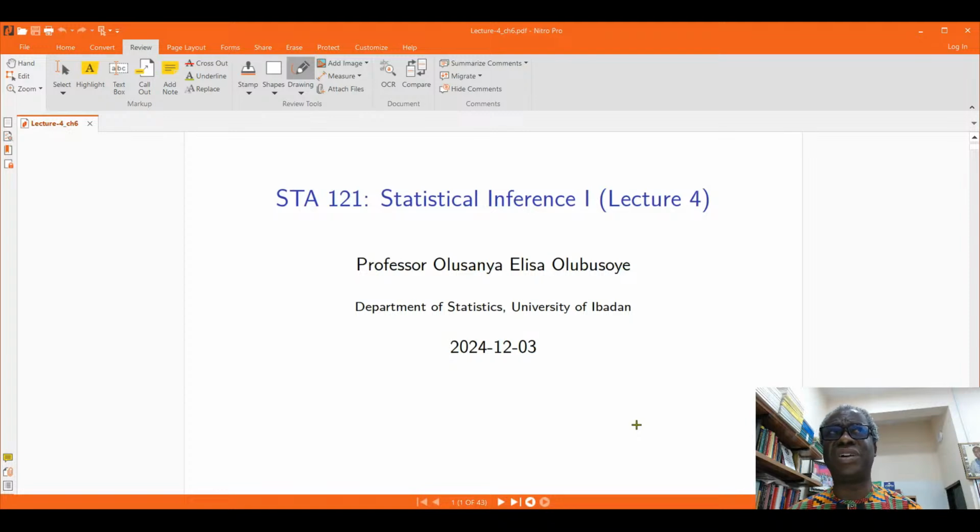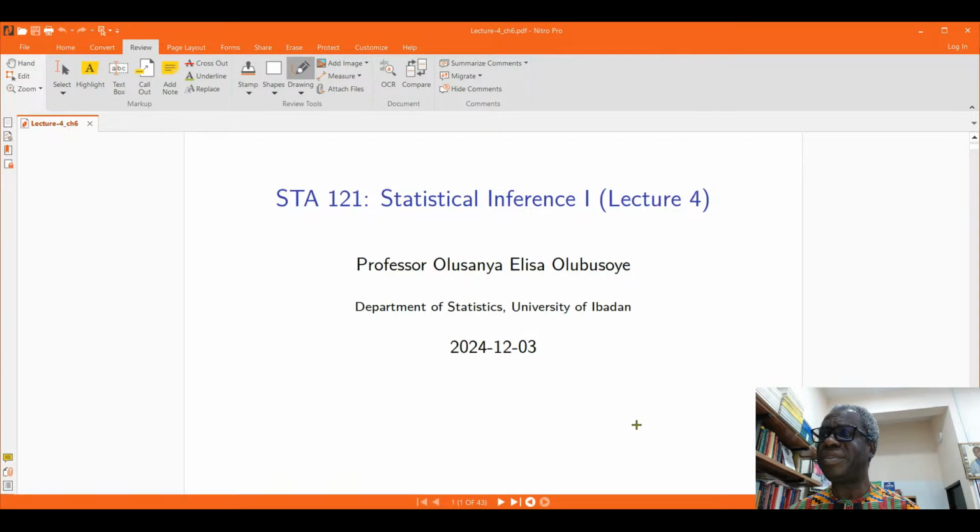We've also looked at the sampling distribution of proportion, and last week we discussed the sampling distribution of proportion, as well as the sampling distribution of two proportions or difference of sample proportions.